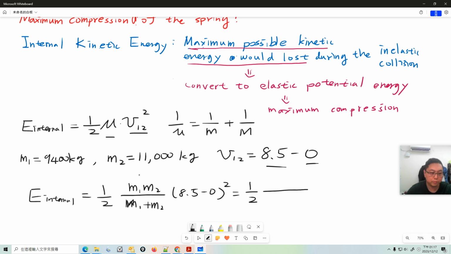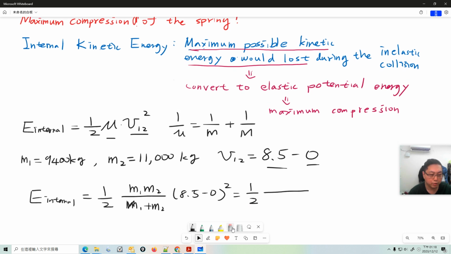So M1 M2 divided by 9400 plus 11,000, times 8.5 squared, divided by 2. I'm not sure my answer is correct. Okay, let's calculate again.